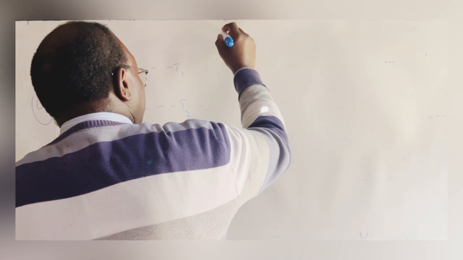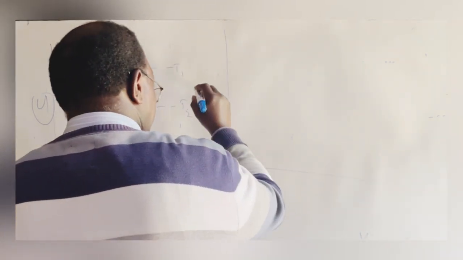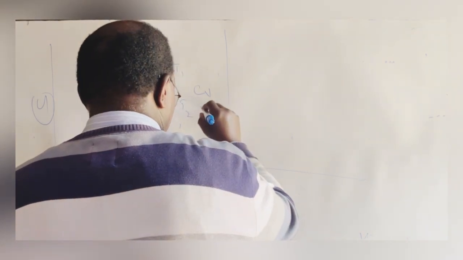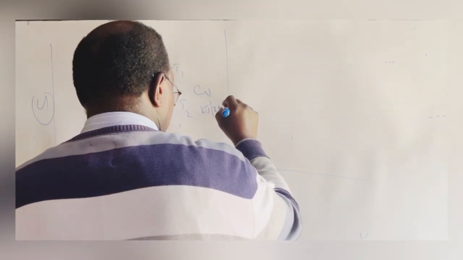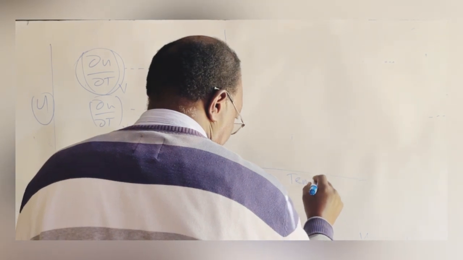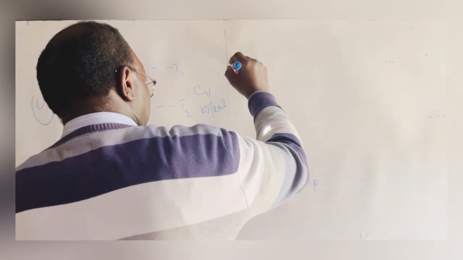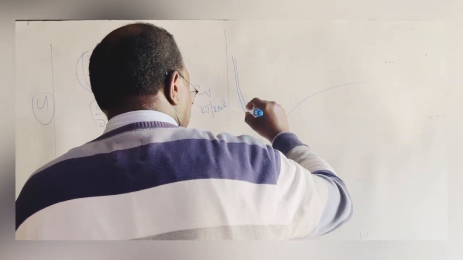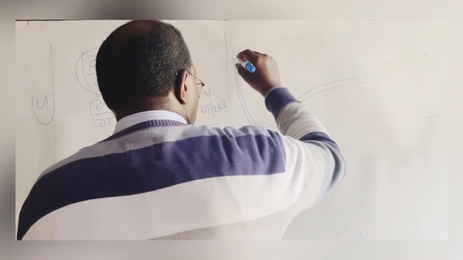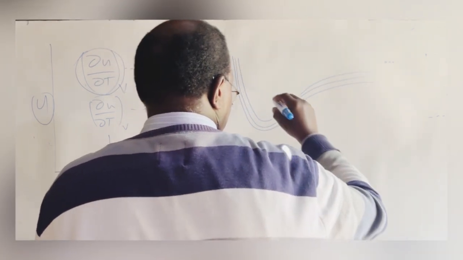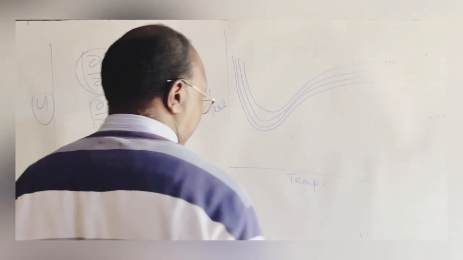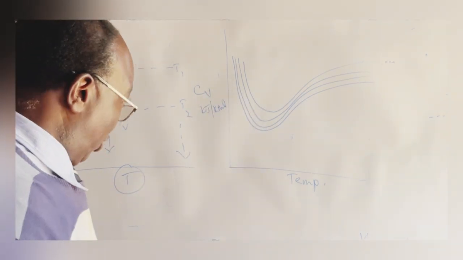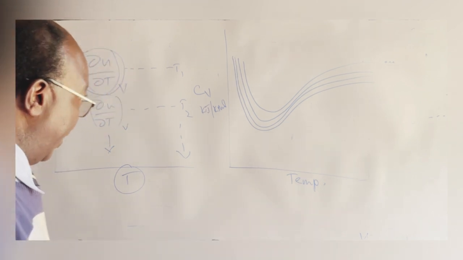On plotting the variation of heat capacity, that is CV, which is normally in kilojoules per Kelvin per mole, versus temperature, you will obtain different curves. That's not drawn to scale, but the shape is generally correct. So CV versus temperature, that's what you get.